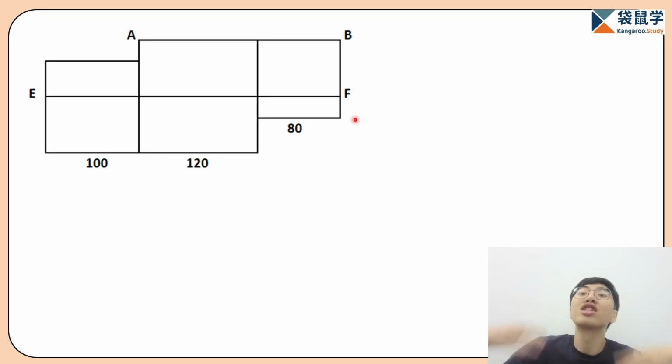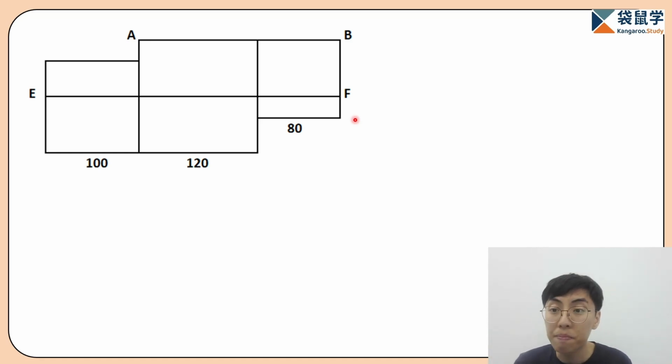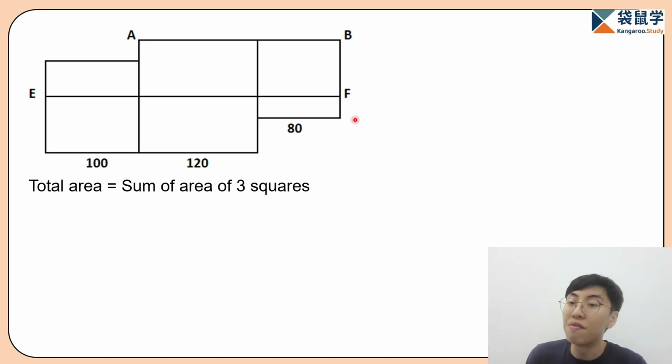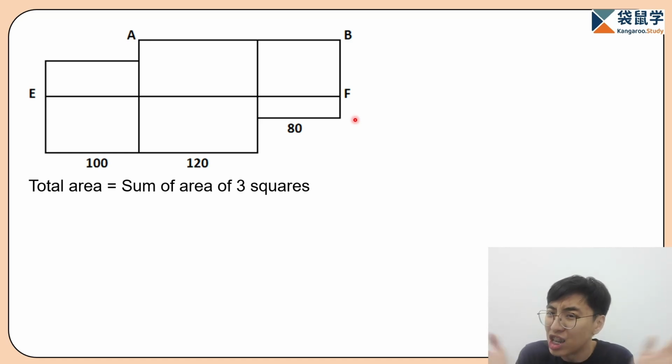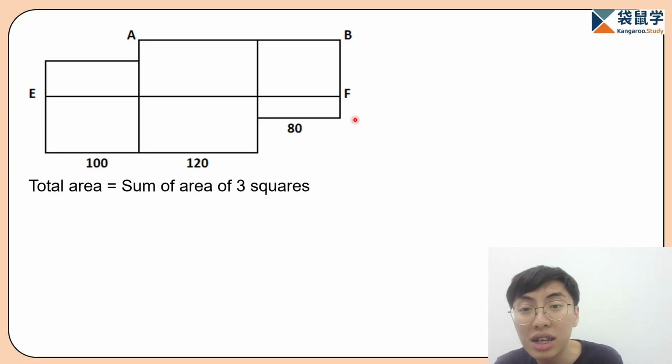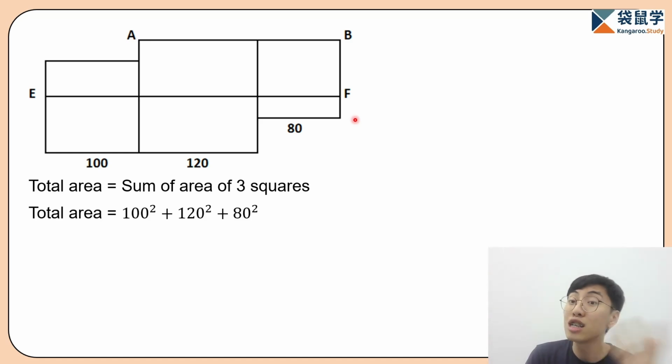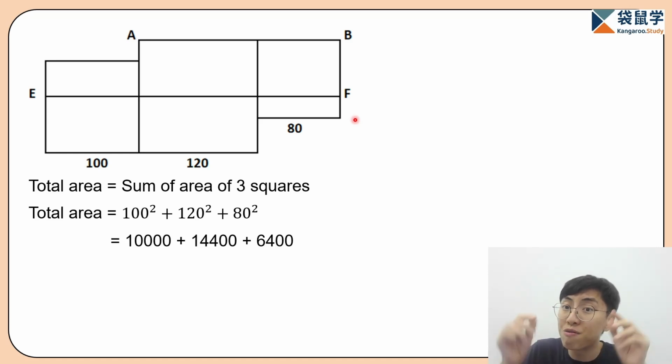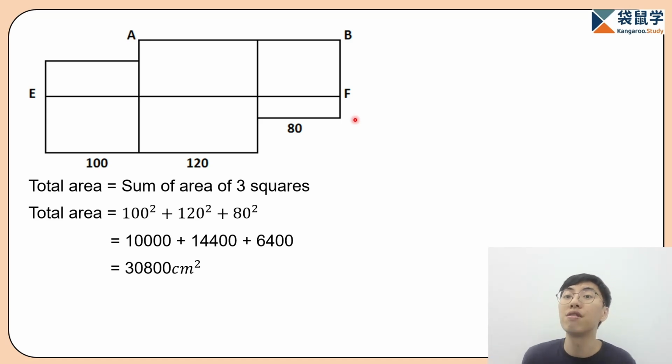Just now we mentioned that I can calculate the total area. So what is the total area? It should be very easy to calculate. I just add the sum of the three squares, 100 squared, 120 squared, and 80 squared. Calculating them out, I end up with my final answer of 30800 centimeters squared.